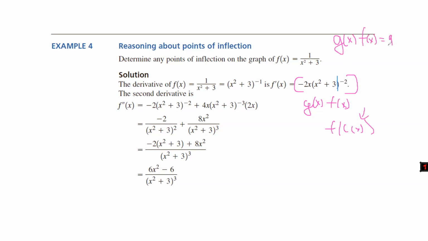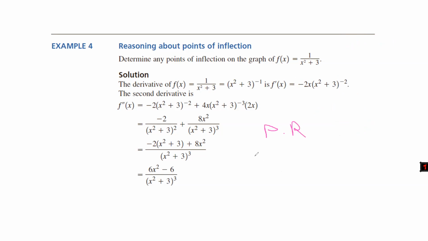Product rule is as follows. Sorry, it's too crumpled up. I'll clear it and write it again. Product rule. If we have two functions multiplied like this, f of x times g of x, we're going to have f prime of x times g of x plus f of x times g prime of x.